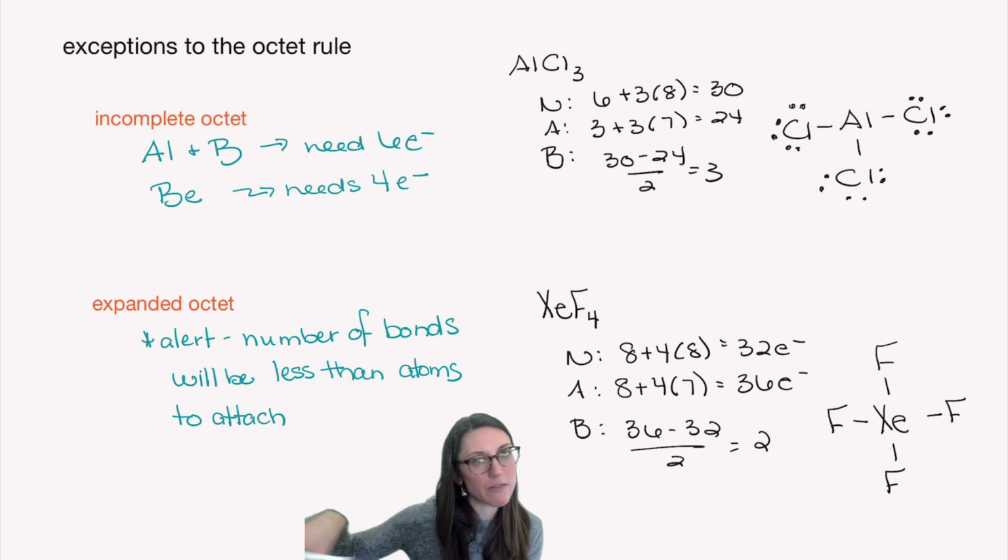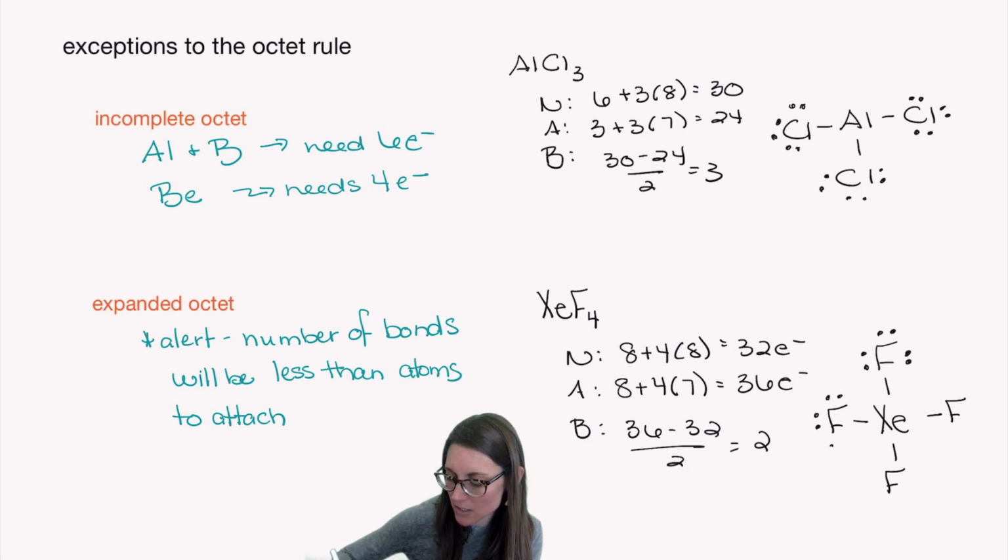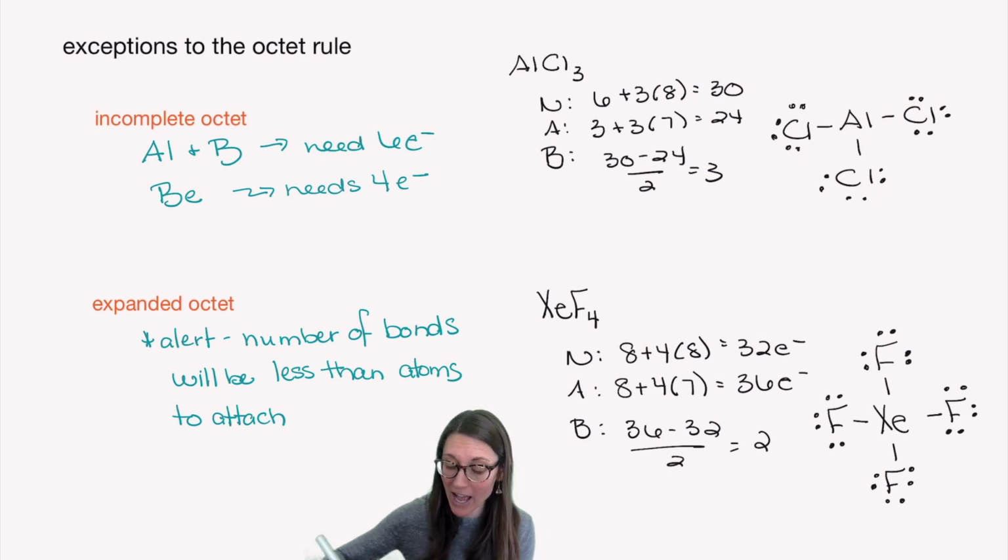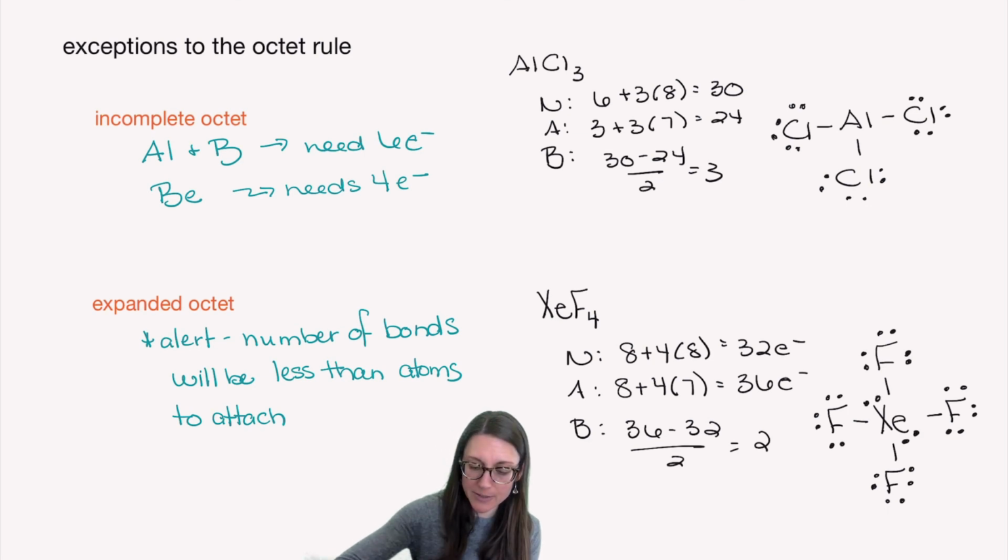You will start filling valence for your outer atoms just like we always do. I've used 8 so far, 9, 10, 11, 12, 13, 14. That fluorine's happy. 15, 16, 17, 18, 19, 20, 21, 22, 23, 24, 25, 26, 27, 28, 29, 30, 31, 32. Any extra electrons you have go on the central atom. 33, 34, 35, 36.